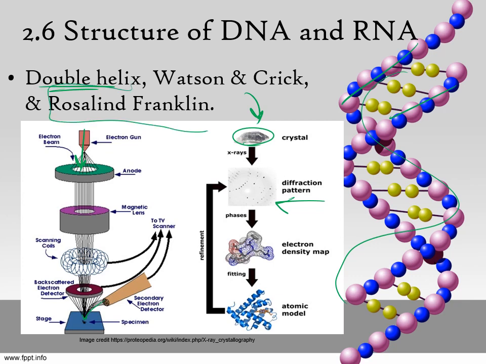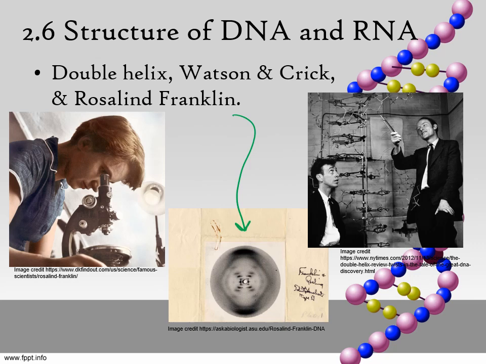Rosalind Franklin was an X-ray crystallographer, and she took an amazing picture of DNA. Here is that amazing image. It was actually taken by Raymond Gosling, a grad student in Franklin's lab. Franklin did the work to analyze, interpret, do the calculations, the measurements, so that it could actually be used by these guys to figure out what the shape of DNA was.